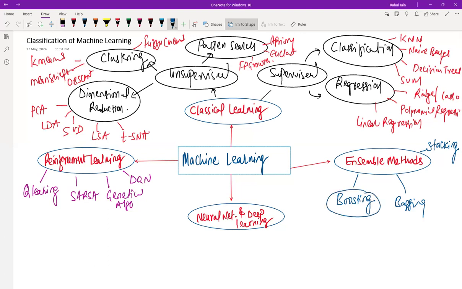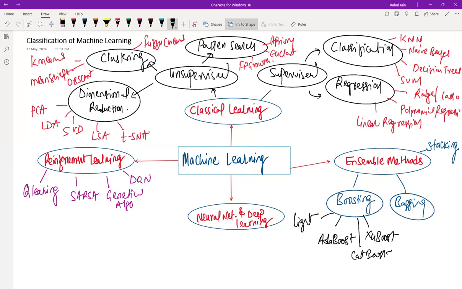In boosting, we have adaptive boosting, commonly written as AdaBoost, extreme gradient boosting, XGBoost, CatBoost, or LightGBM. In bagging, we can normally put the random forest algorithm. Basically, all of these fall under ensemble methods.